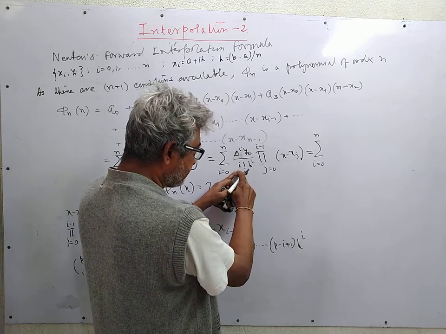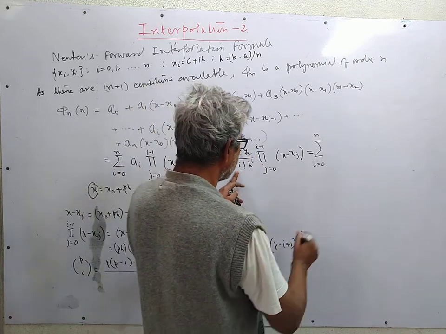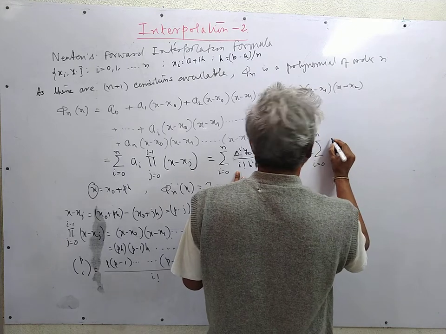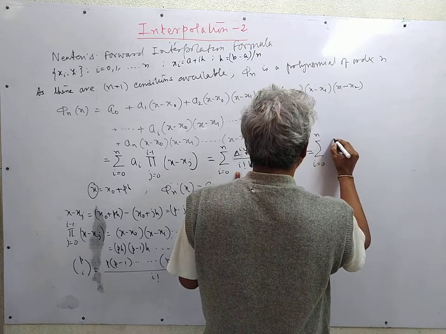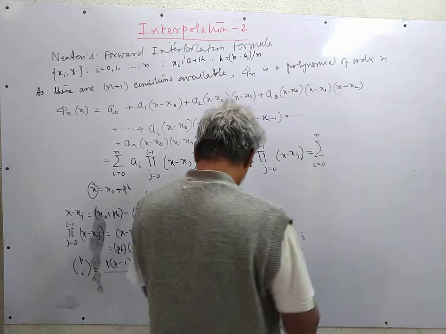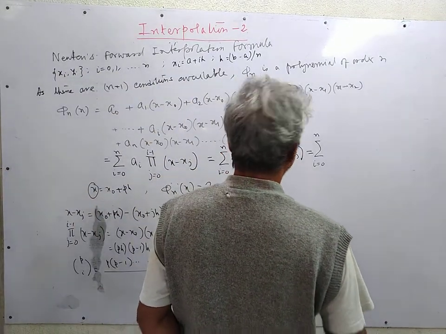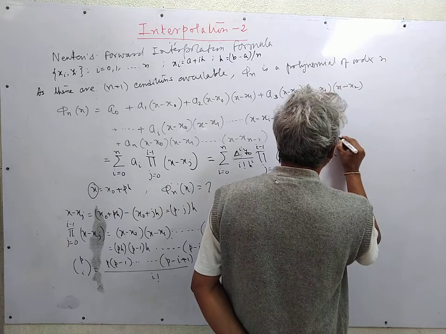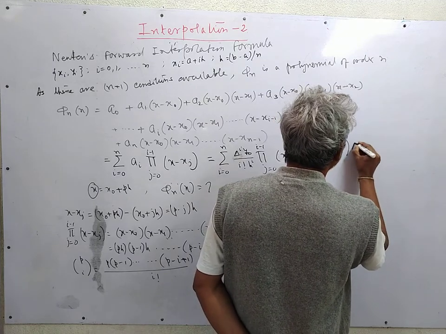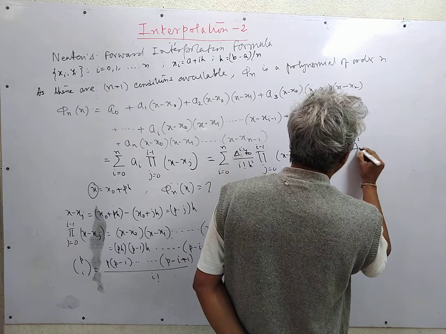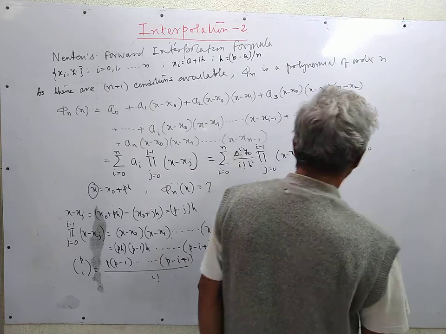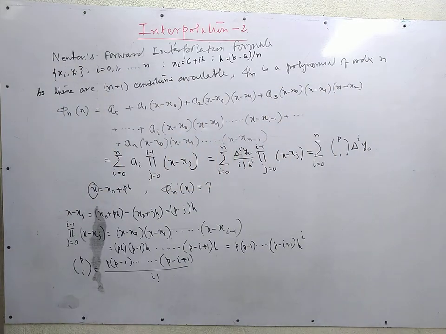This part all together goes into the generalized combination notation. So this is p choose i times delta i of y0. This is the compact way of writing Newton's forward formula.